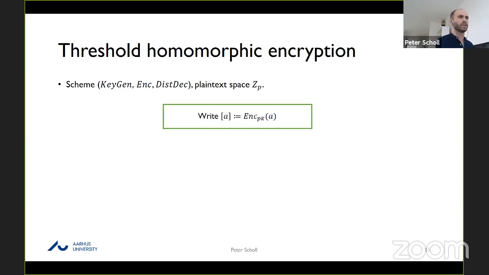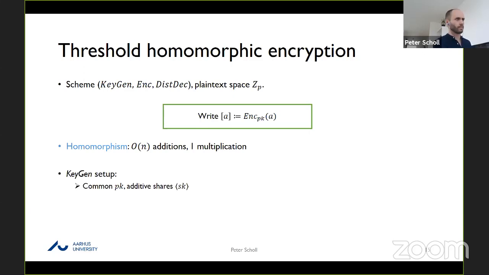And a bit more notation here, I'll have these square brackets to denote encryptions of a plaintext value a. So we need the scheme to be somewhat homomorphic, where we just need a linear number of additions in the number of parties and one multiplication on ciphertext.